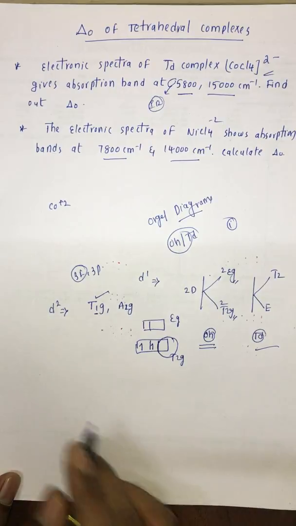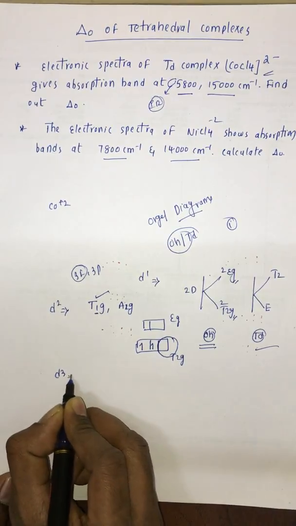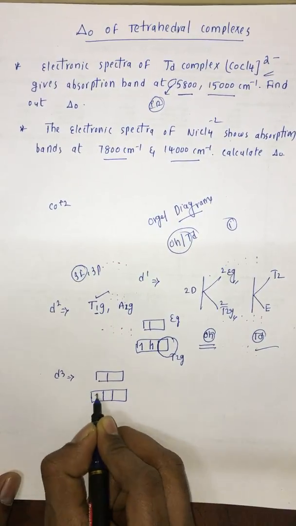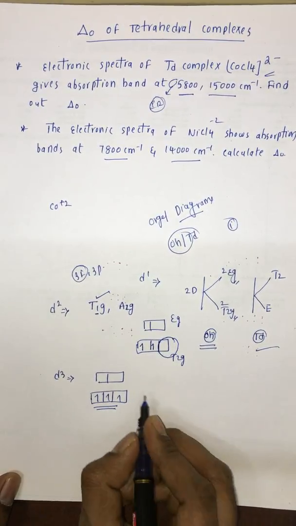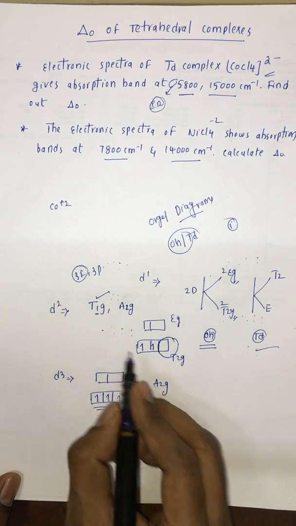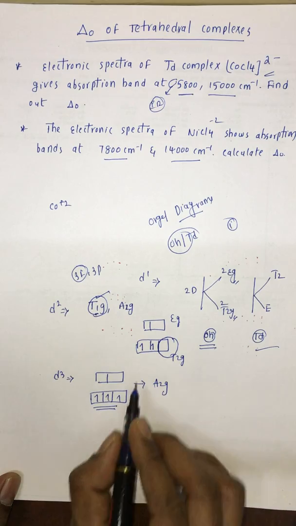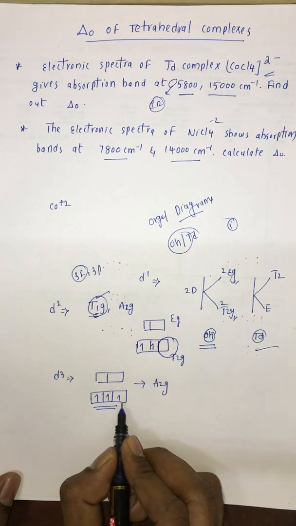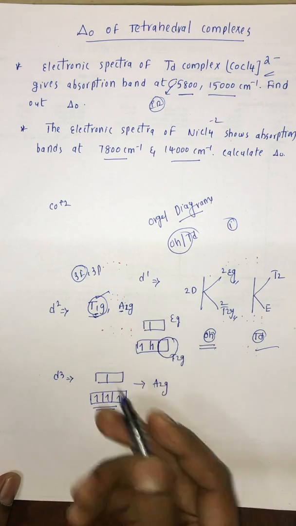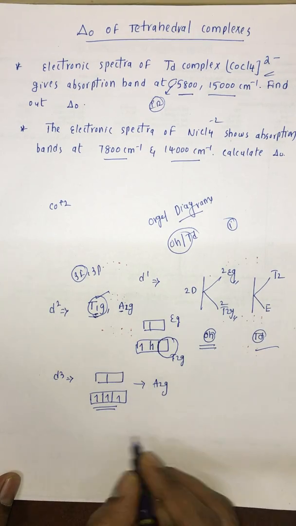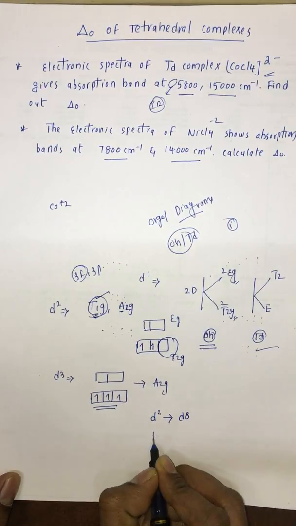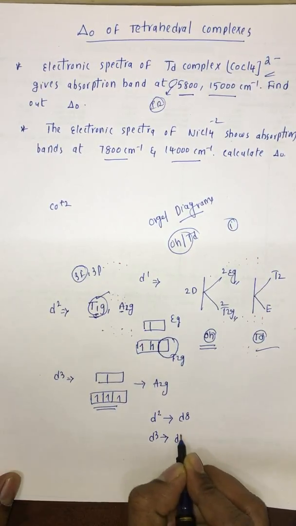Just remember it like that. And for d3, here no vacancy is there, so just remember A2g. If a vacancy is there, the term will be T1g, because it is also T. If no vacancy, then it will become A2g. Now if you remember these two, for d7 and d8 it's also very easy. d2 is opposite of d8 and d3 is opposite of d7.